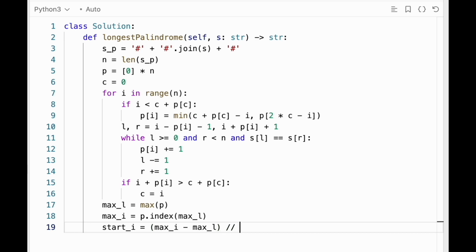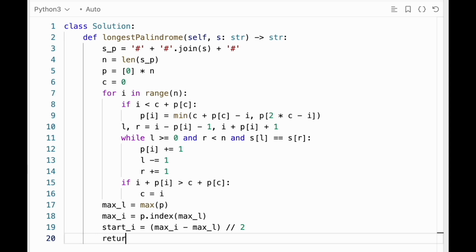We divide this by 2 to find the start index in the original input string s instead of s prime, which is twice the length. That's why we divide by 2 here to find the index in the original string. So we have the starting index of the longest palindrome, and we have the length of it.